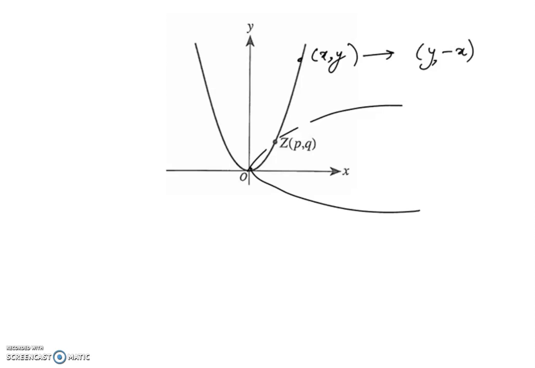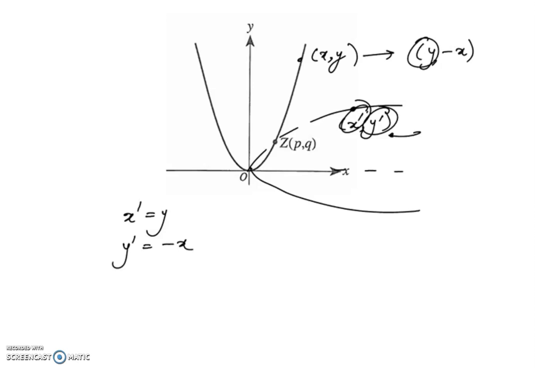This might be a little tricky to follow, but basically what I'm going to say is that the resulting point here is, let's say, x prime, y prime, because I need the equation of the graph in these coordinates. And what we have is that x prime is equal to y, and y prime, which is the y coordinate, is minus x.